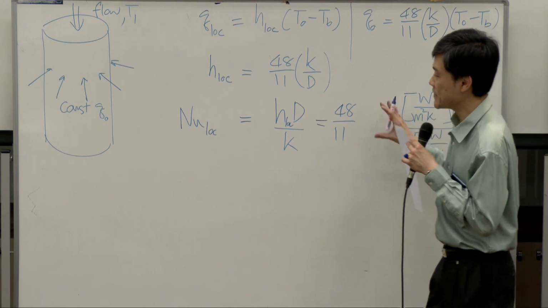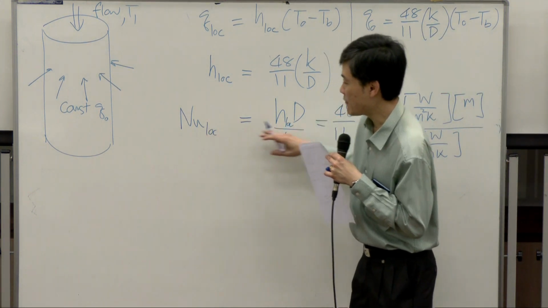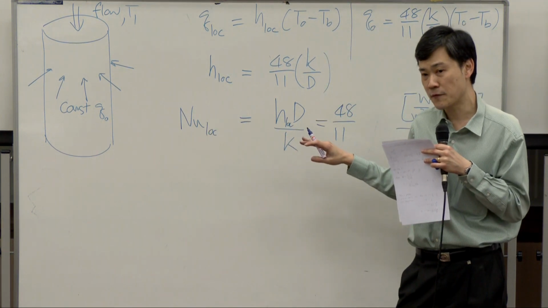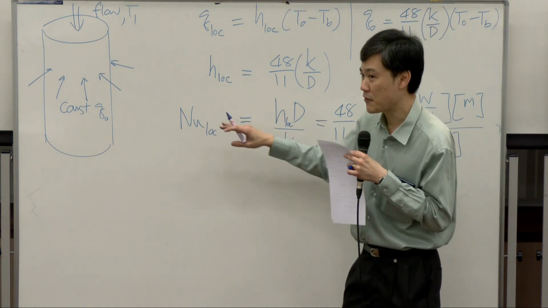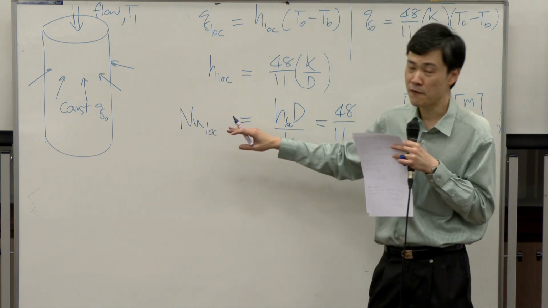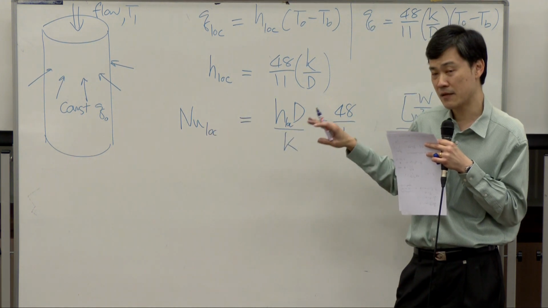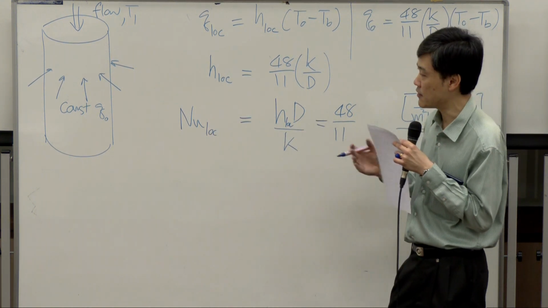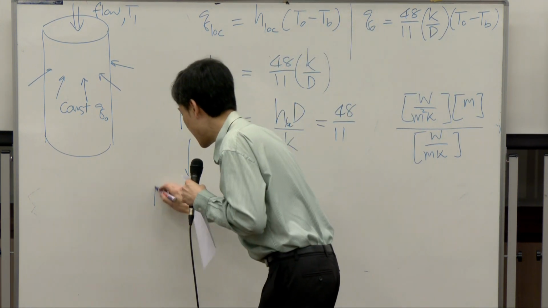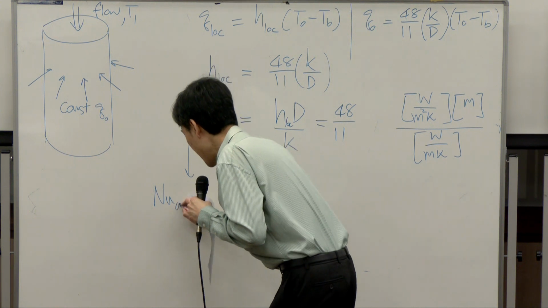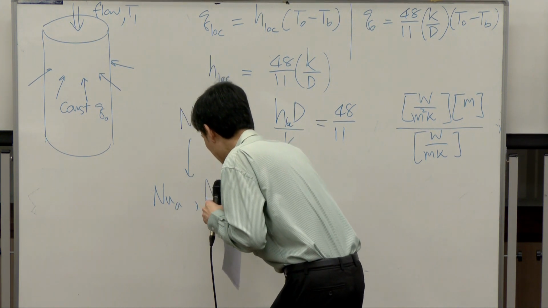But we just discussed that the local heat transfer coefficient is not quite useful. In order to do a macroscopic balance, we need either the arithmetic mean heat transfer coefficient or the logarithmic mean heat transfer coefficient. All right, so we do not want this one. Instead, we want Nusselt number A, Nusselt number log mean.